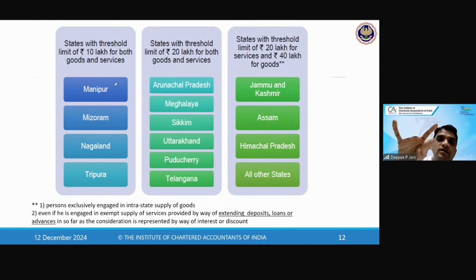UP must hai. Uttarakhand, Puducherry, Meghalaya, Arunachal Pradesh, Sikkim, and Telangana. There, the limit is 20 lakhs for both goods and services. So 10 lakhs for goods and services in 4 states, 20 lakhs for goods and services in 6 states, and all other states, 20 lakhs for services and 40 lakhs for goods.